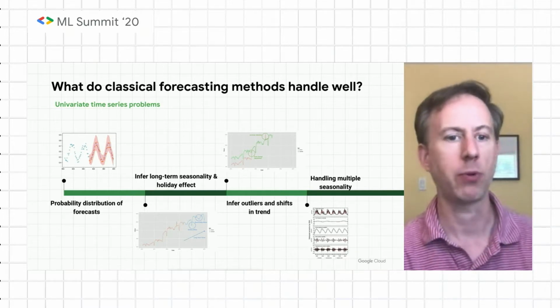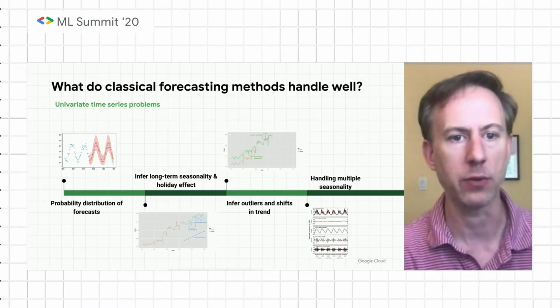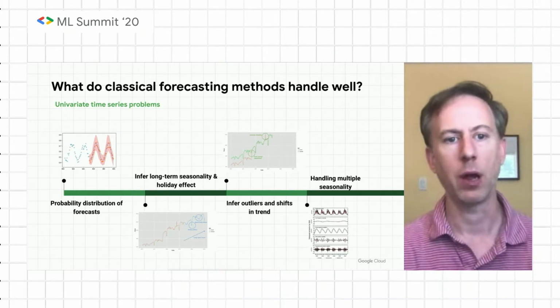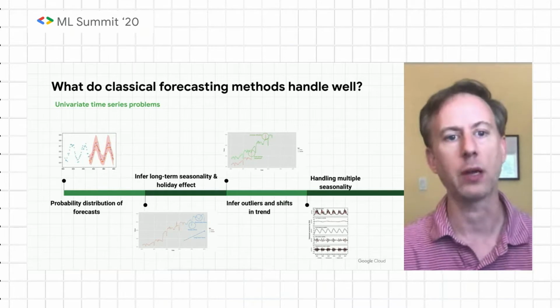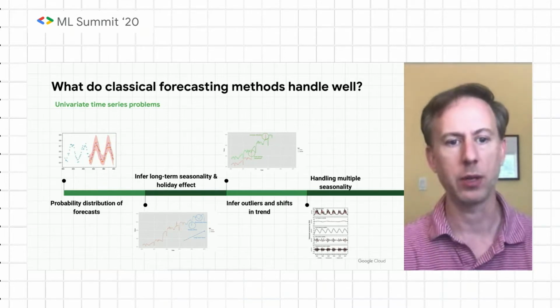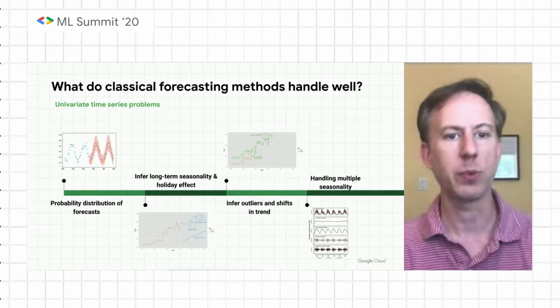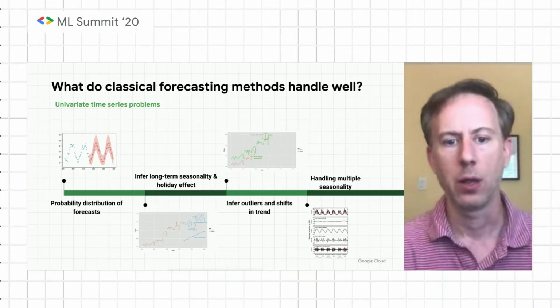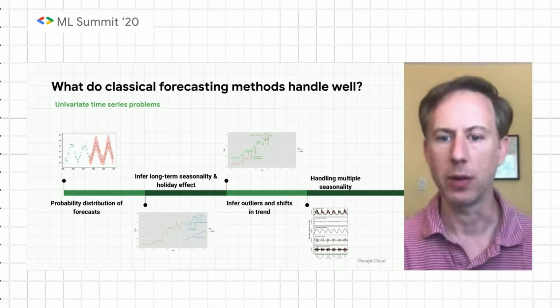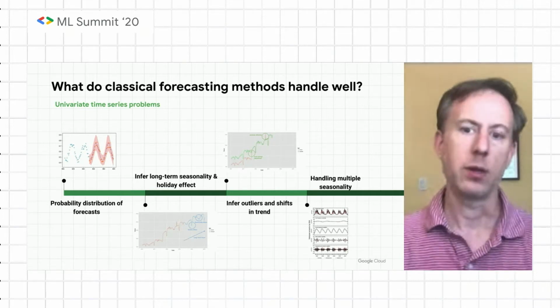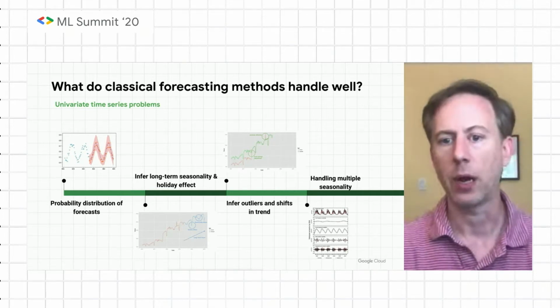You can see some of the different ways in which classical forecasting methods are very good. One is providing a probability distribution of the forecast. So you can derive a confidence interval for your forecast to not just see what the expected value is, but the range of values. You can also infer seasonality in your data. Another thing you can do is infer outliers from your data.